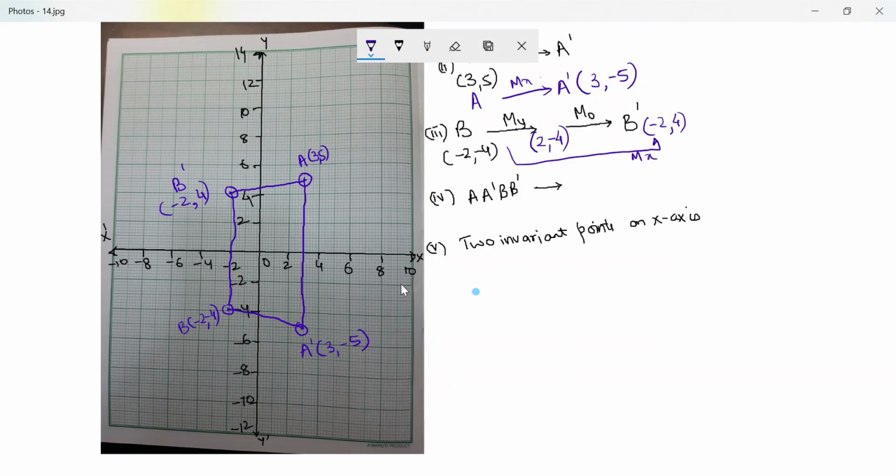Like I told you in the previous questions, if you have a four-sided figure, just writing a quadrilateral won't get you marks. You will have to write which specific type of quadrilateral. Again, B dash and A dash are parallel, so this is clearly a trapezium, and I notice that the other two sides are equal, so this is a special type of trapezium, which is an isosceles trapezium.